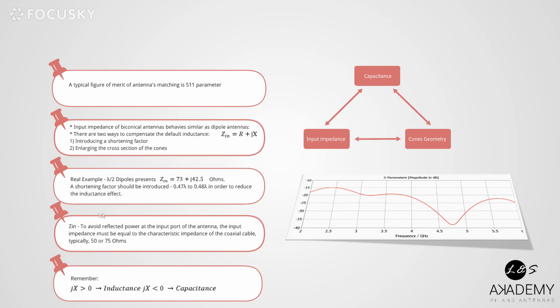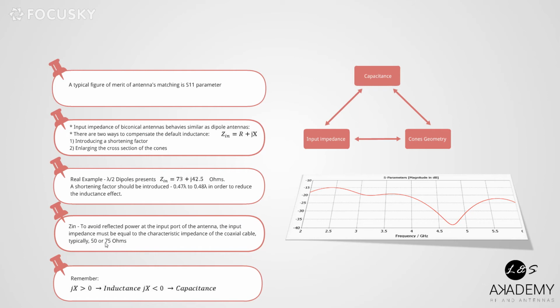So as it is said in this point, to avoid reflected power at the input port of the antenna, the input impedance must be equal to the characteristic impedance of the coaxial cable, commercially typically 50 or 75 ohms.